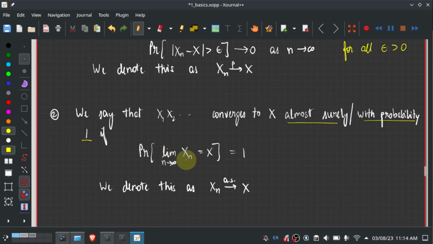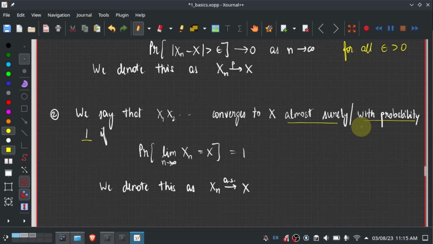Remember that each random variable is a function. So we are looking at a sequence of functions, and as n tends to infinity, we see if the sequence of functions converges to something or not. Is the limit equal to X or not? If this probability is equal to 1, then we say that Xn converges almost surely. This will become a little more clear once I introduce a few examples.